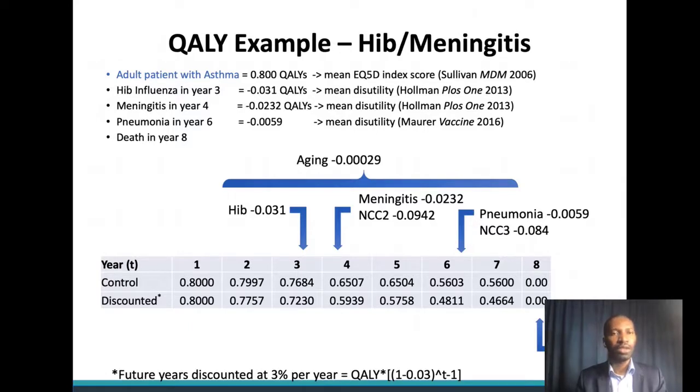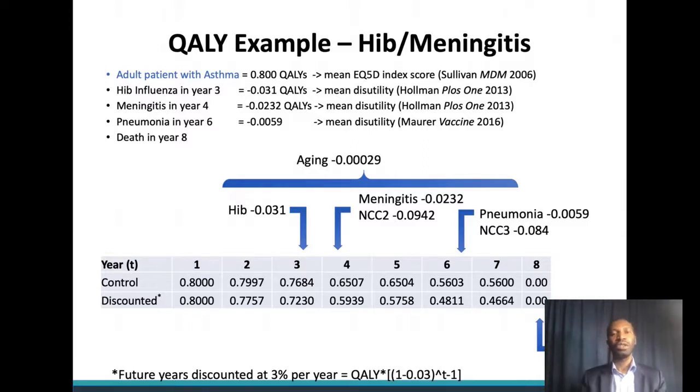Now, suppose that HIB influenza in year 3 reduces QALYs by 0.031. So this is the mean disutility in Hallman. And meningitis in year 4 reduces QALYs by 0.0232, which is the mean disutility in Hallman. And then pneumonia occurs in year 6, resulting in a reduction in QALYs of 0.0059, which is the mean disutility in Mohr. Suppose that death occurs in year 8.